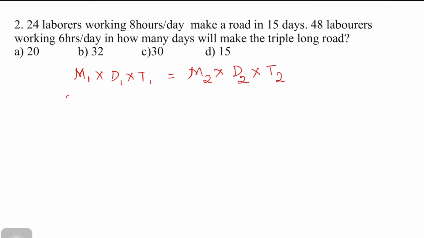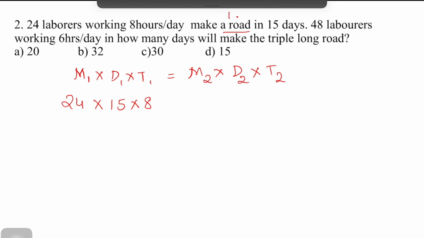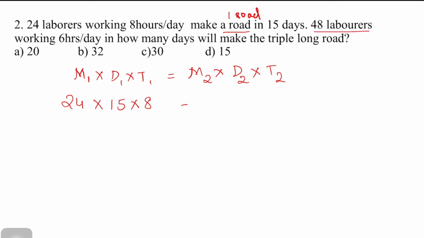Now 24 laborers working 8 hours per day make a road in 15 days. A road means one road. Now 48 laborers working 6 hours per day, in how many days? That means we don't know this.